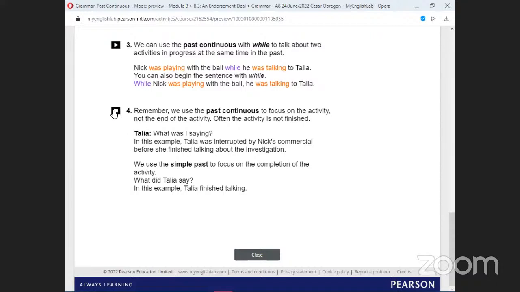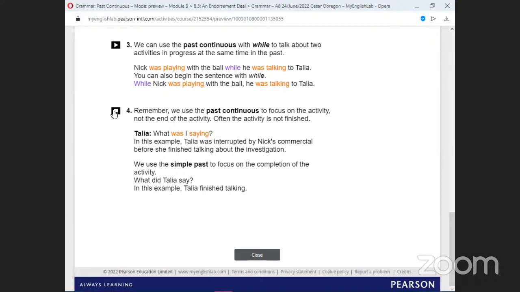Remember, we use the past continuous to focus on the activity, not the end of the activity. Often the activity is not finished. What was I saying? In this example, Talia was interrupted by Nick's commercial before she finished talking about the investigation. We use the simple past to focus on the completion of the activity.